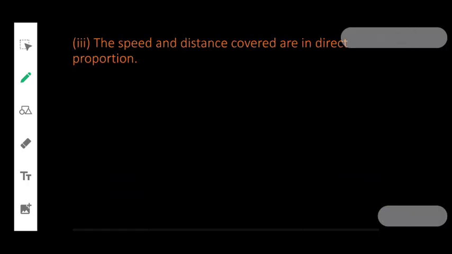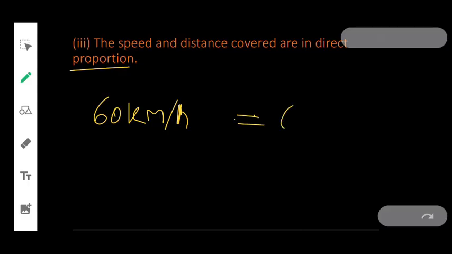Next question number 3. The speed and distance covered are in direct proportion. So we have to check. Let's say the speed of a bike is 60 km per hour, and it will cover a distance of 60 km.